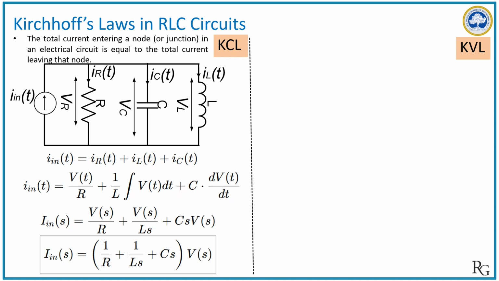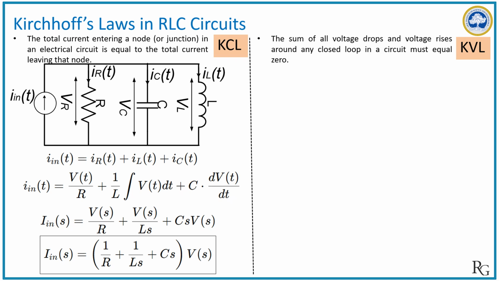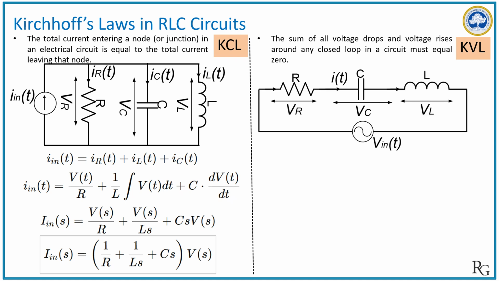Similarly, for Kirchhoff's voltage law, we know that the voltage within a particular loop is equal to 0. So the algebraic sum of all the potential drops across that loop is equal to 0. Let's say we have a series RLC circuit.